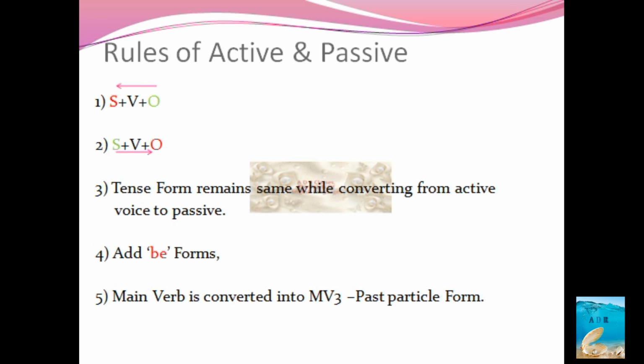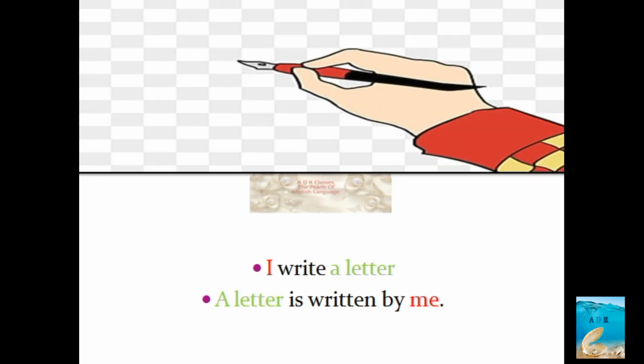The subject never tells you the tense form, neither does the object. Write, that is the verb, tells you the tense form. If you want to understand these things in detail, I have done videos on tense forms in my previous videos. You can refer to my channel there. So, you will get a broad understanding of those things.